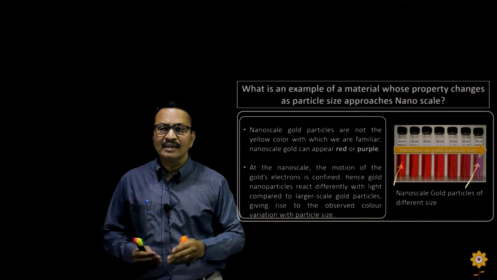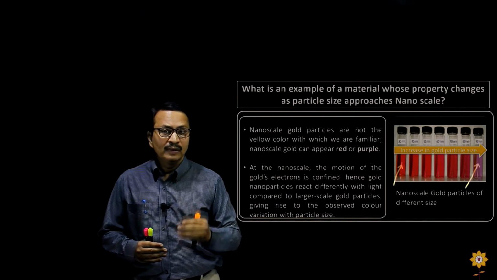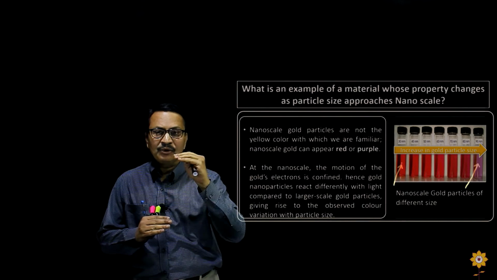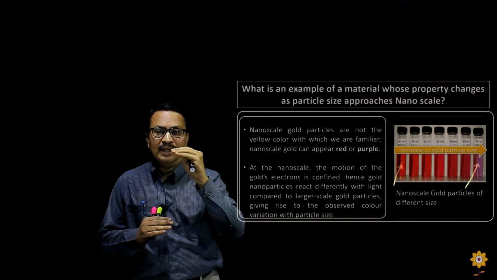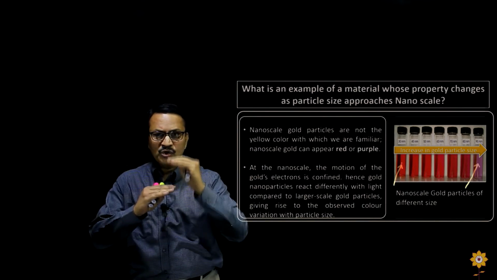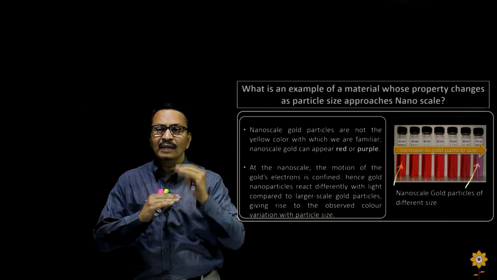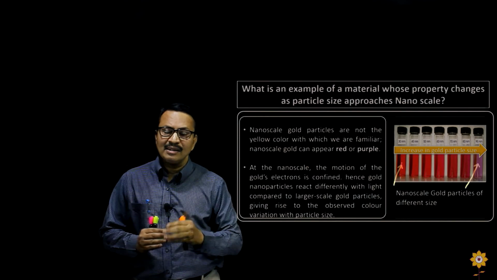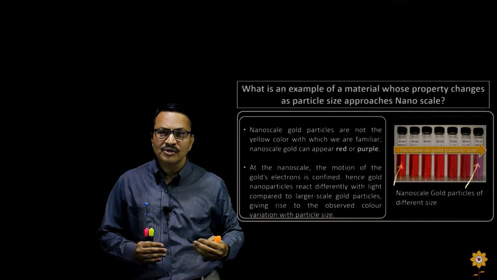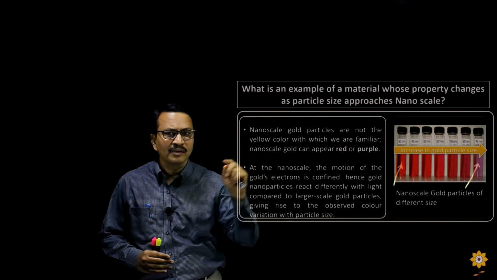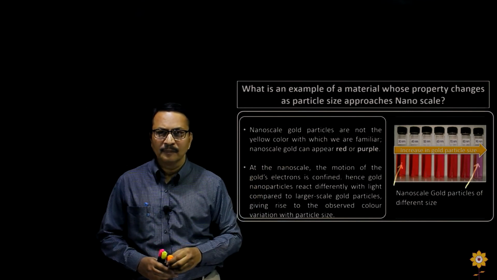And since the energy level changes, as you know, color is nothing but when an electron drops from a higher orbit to a lower orbit. So the difference in the energy changes, and that's the reason why the outgoing radiation changes, and hence you can observe a variation in the color.